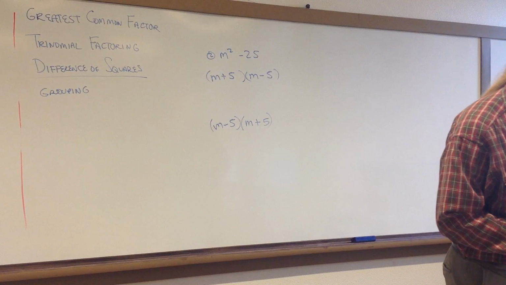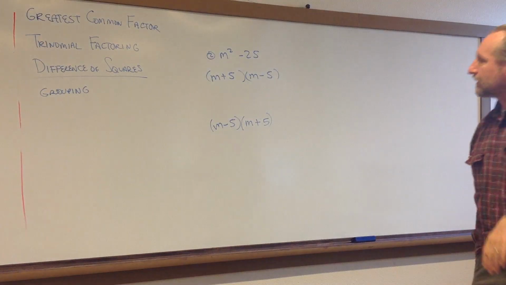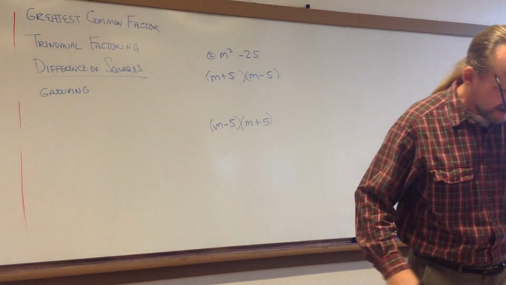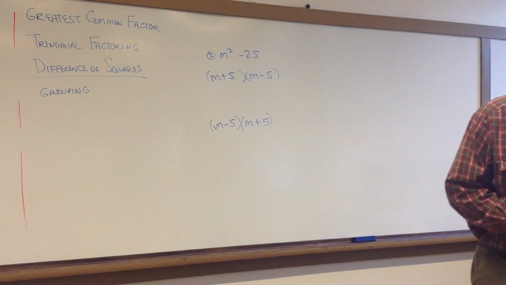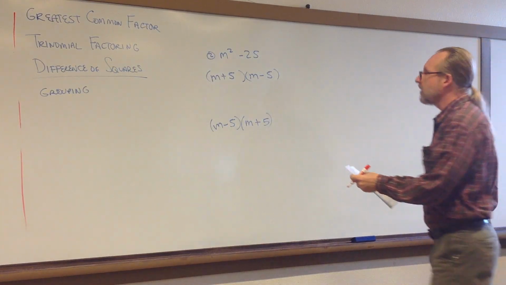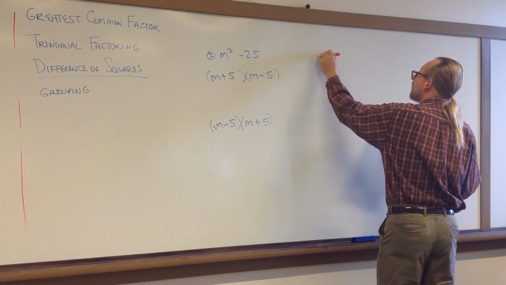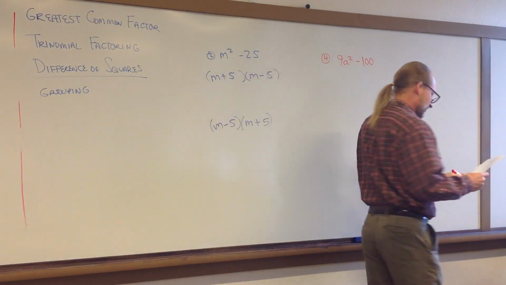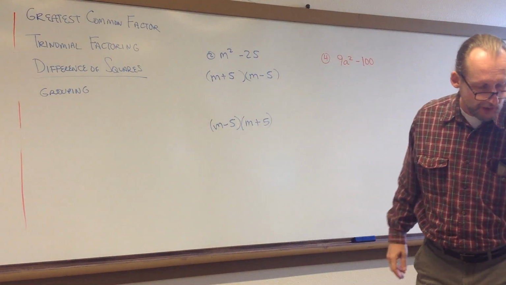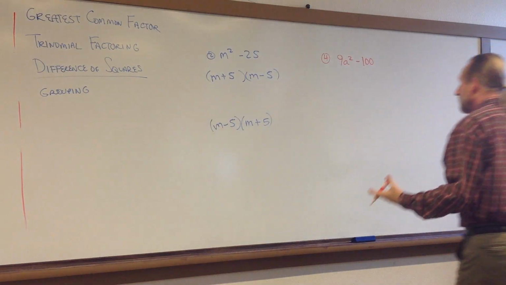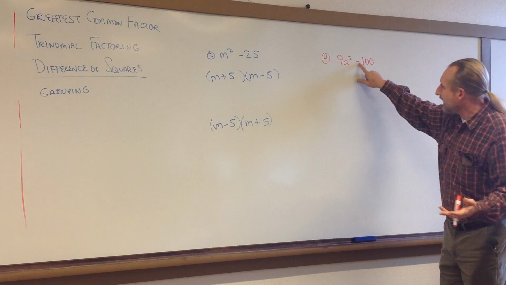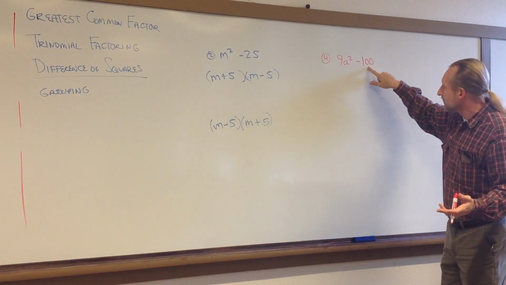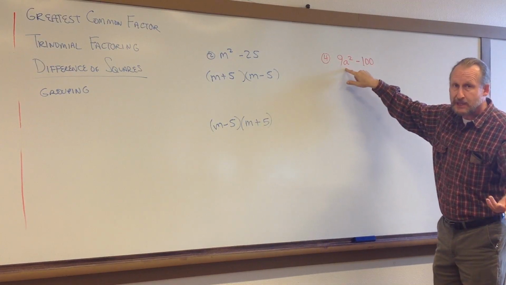Then in problem 4, we see one where the leading coefficient is a 9, also a perfect square. We've got 9a squared minus 100. Again, first we want to recognize that this is a difference of squares. This is 10 squared, and this is 3a squared.